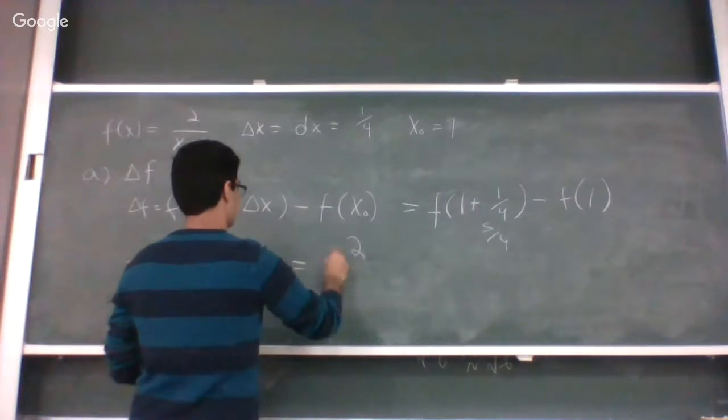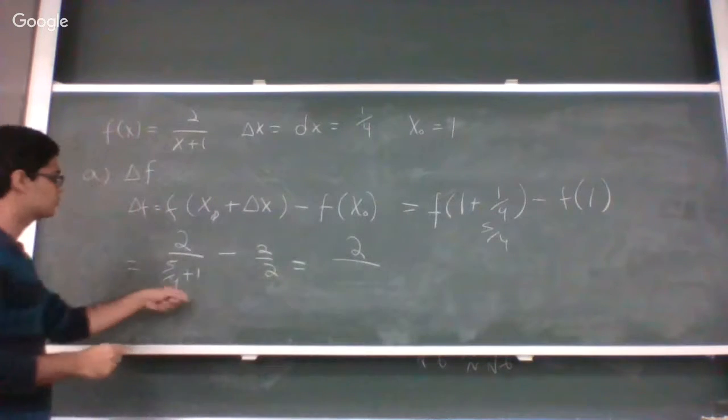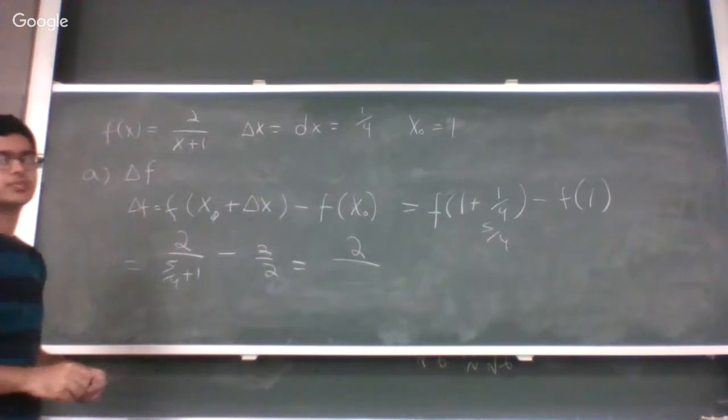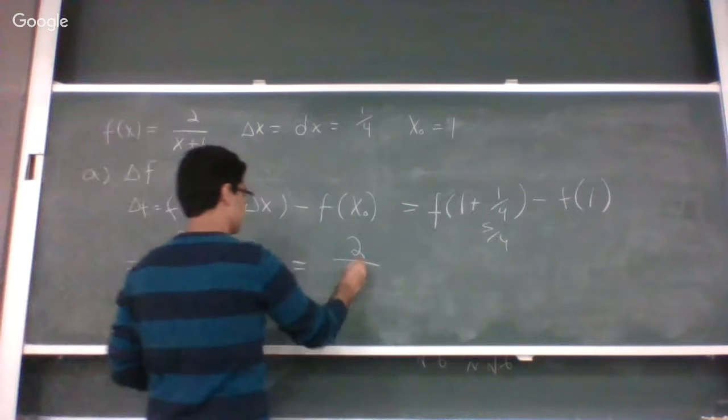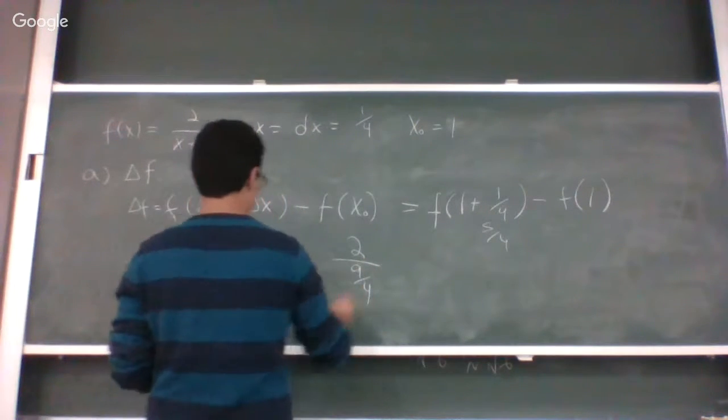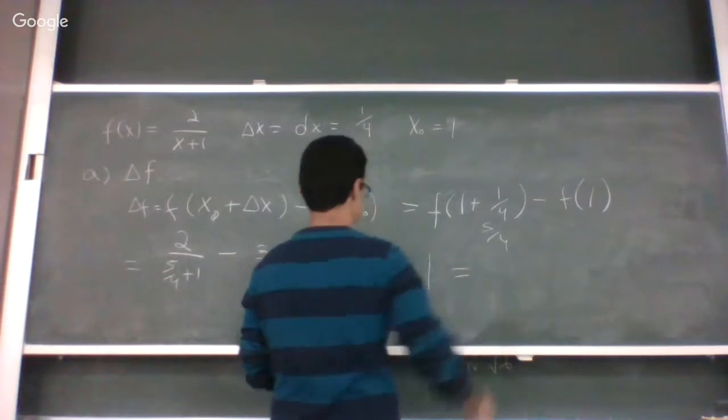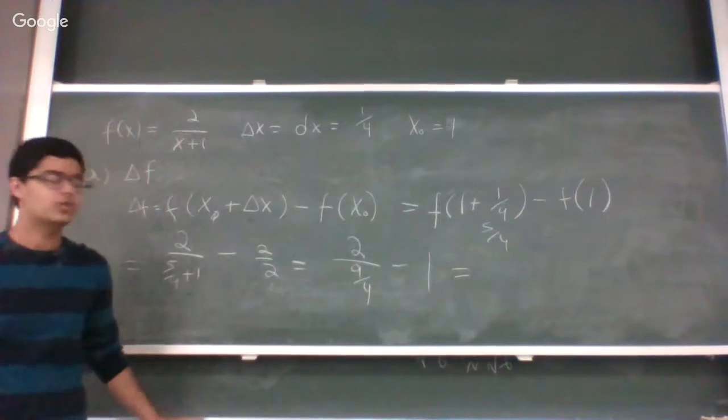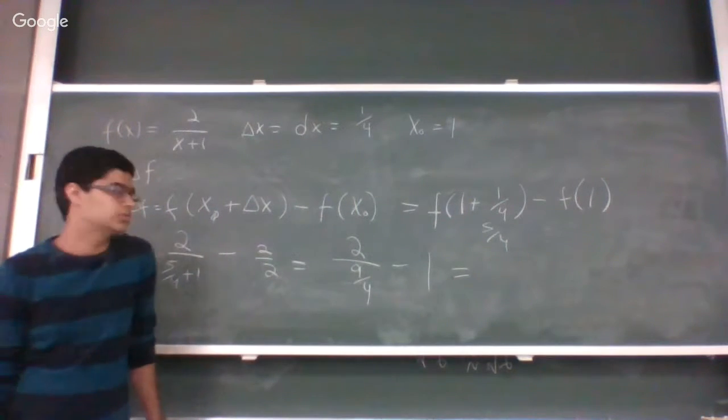I'll just wait. You guys want to do it? What's 5/4 plus 1? 9/4 minus 1. What's 2 divided by 9 over 4? 8 over 9.